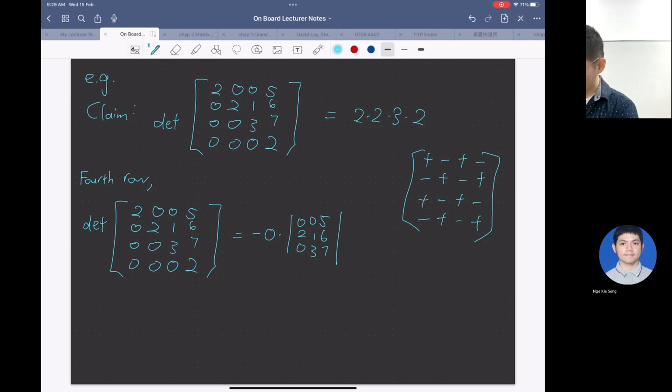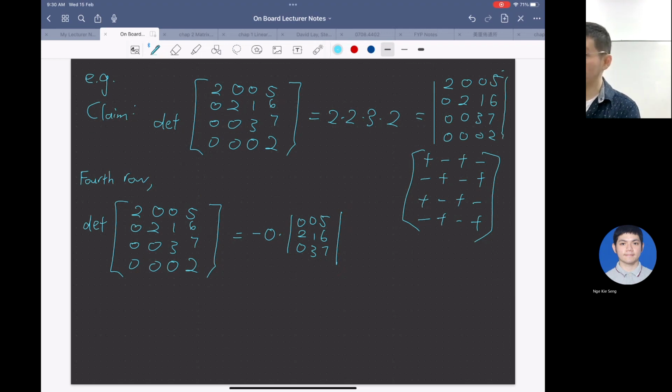By the way, this is also notation for determinant. Let me introduce this easy shorthand notation. We will write the modulus as a determinant as well, because usually modulus will mean length.